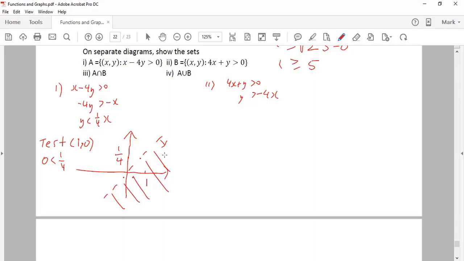Alright, so for this other line, y is greater than negative 4x. We know that's a line that also goes through the origin, but with a negative gradient. So it'll be something like that. And if x equals 1, y would be negative 4.